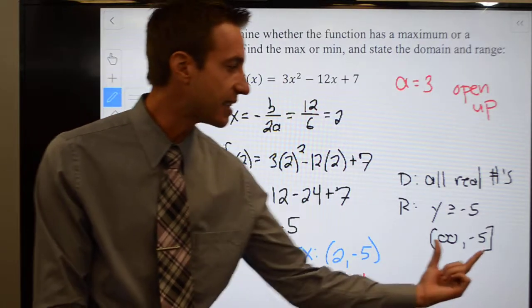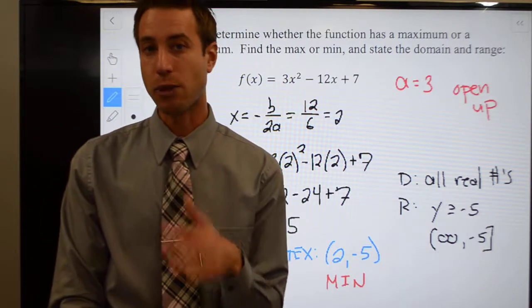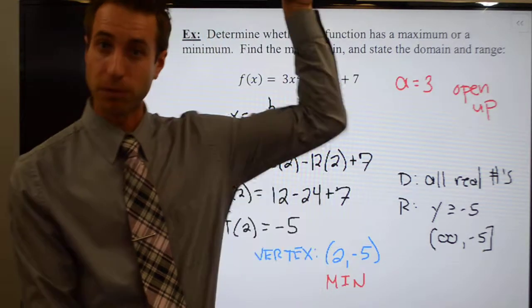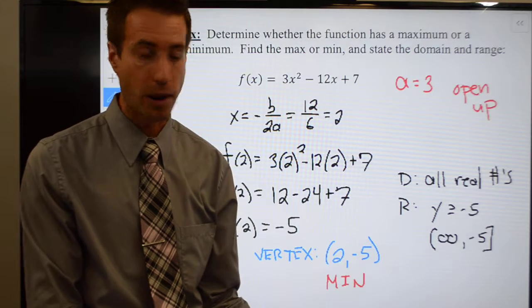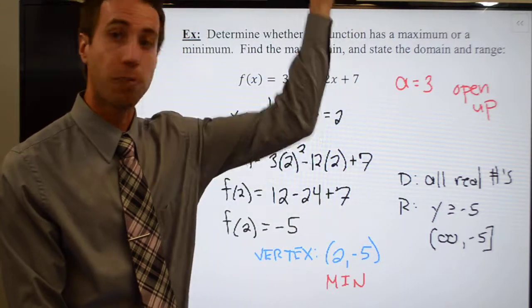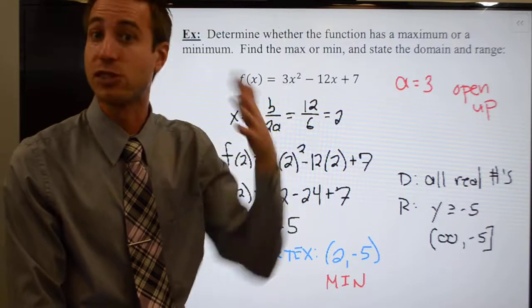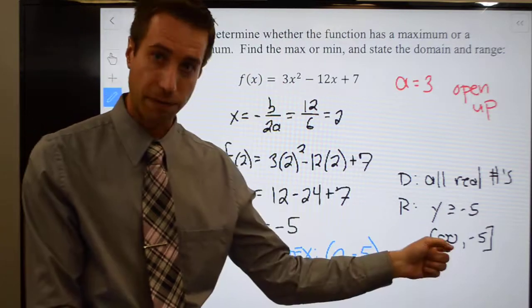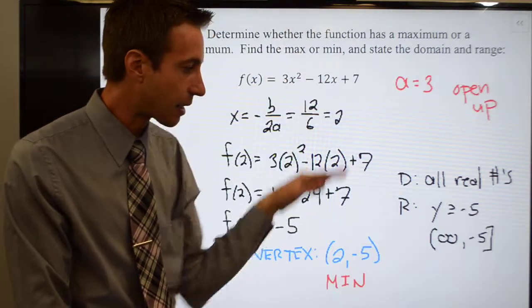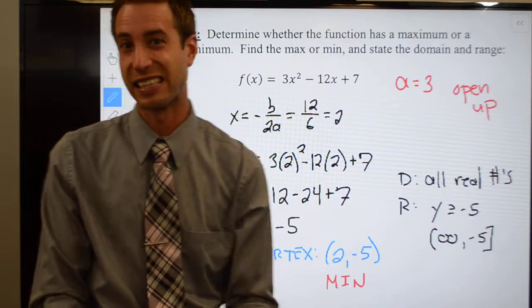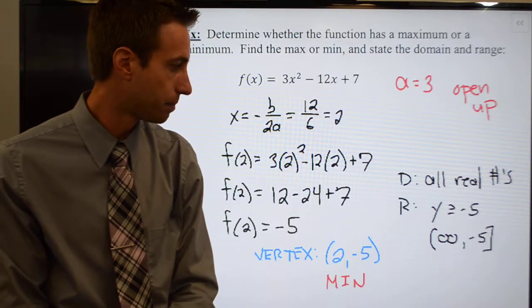Again, the reason that the infinity comes first is because I read my range from top to bottom, right? And since my parabola is opening up and goes as far up as real numbers go, infinity, we start at infinity and come down to my vertex in this case because we read top to bottom.